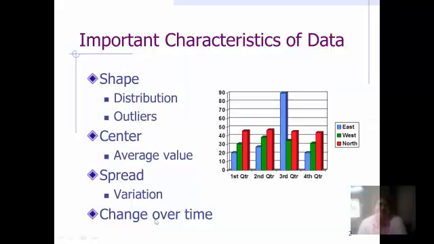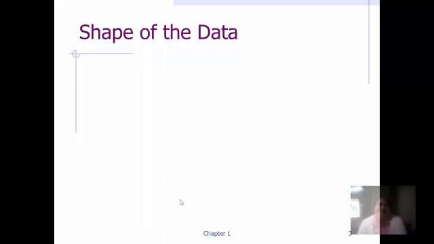And then again, change over time: we may be looking at data over a long period of time, and that can tell us some important things too. But shape, center, spread is a lot easier to remember than the list in your book.